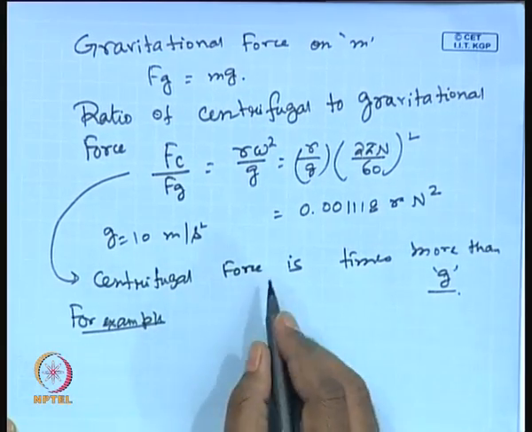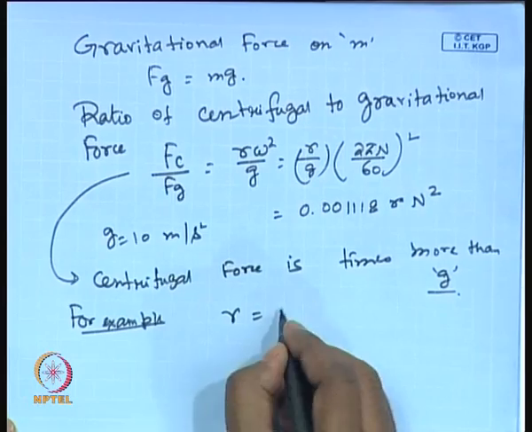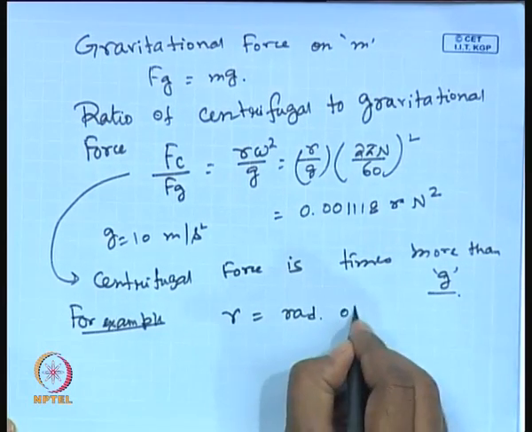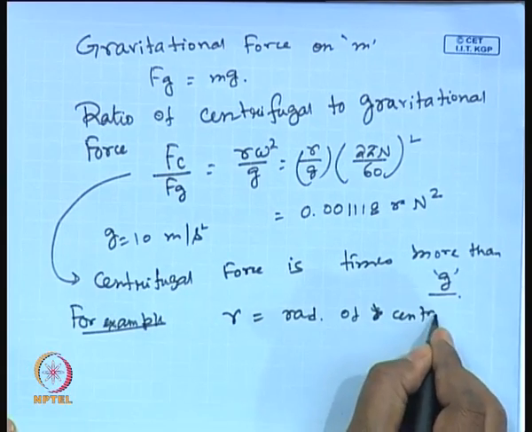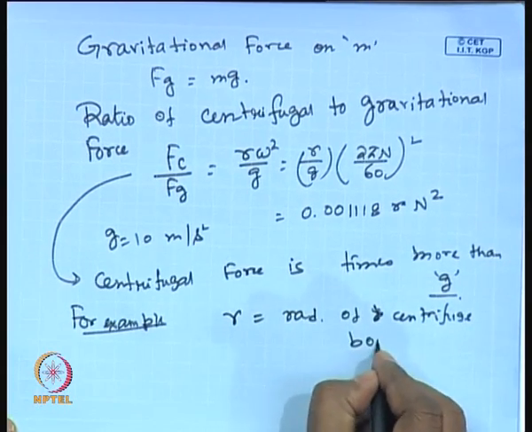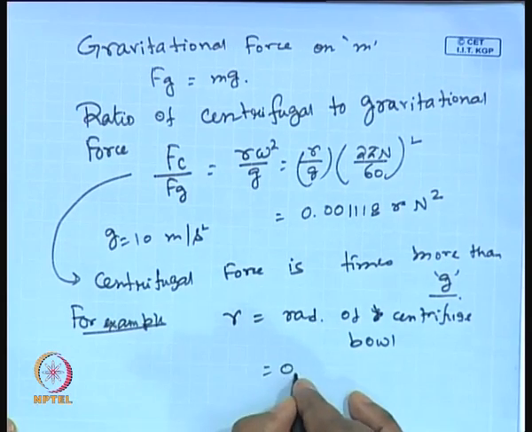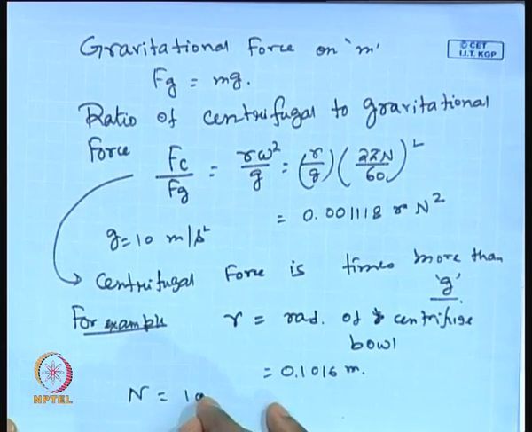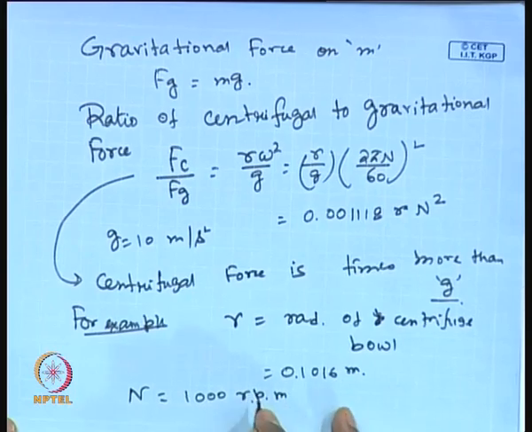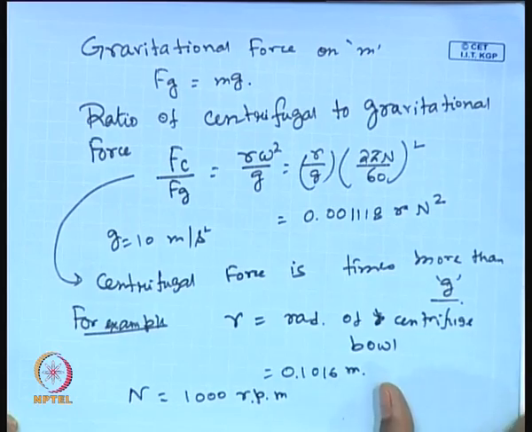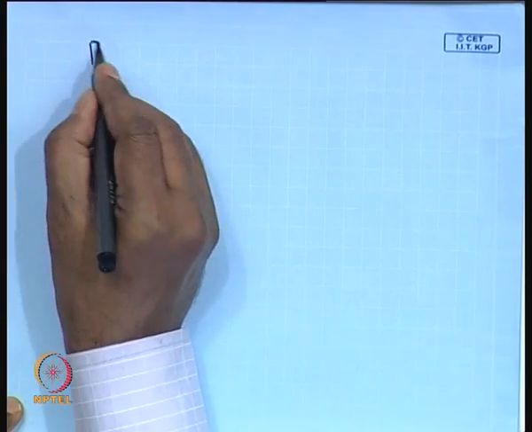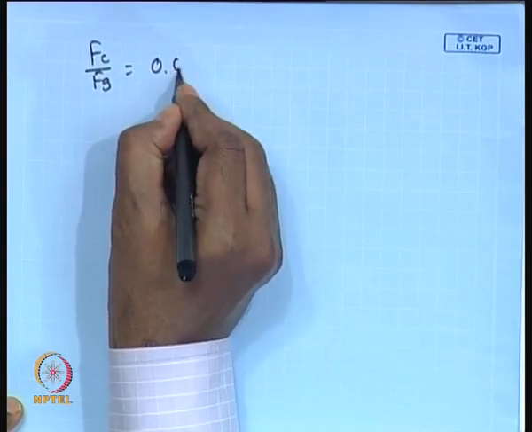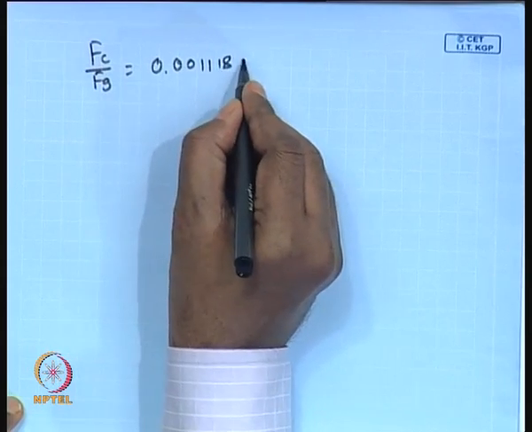If we talk about a radius of centrifuge bowl of 0.1016 meter, and a rotational speed of about 1000 rpm, revolutions per minute, then Fc by Fg becomes 0.00111 r n square.